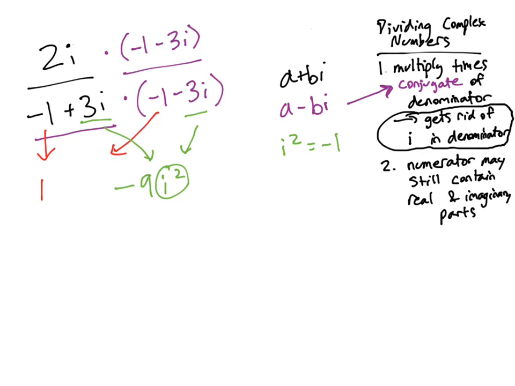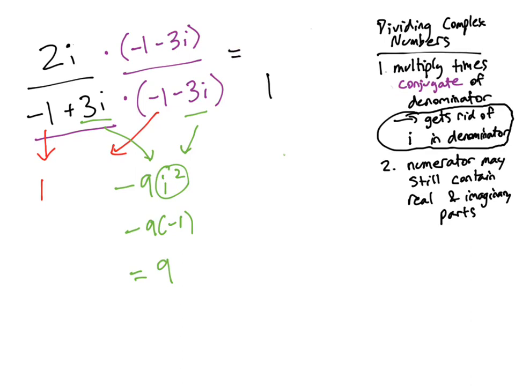So we should always rewrite i squared as -1 when we're simplifying an expression. That means that -9i squared is -9 times -1, which is +9. So the denominator of this fraction becomes 1 plus 9.